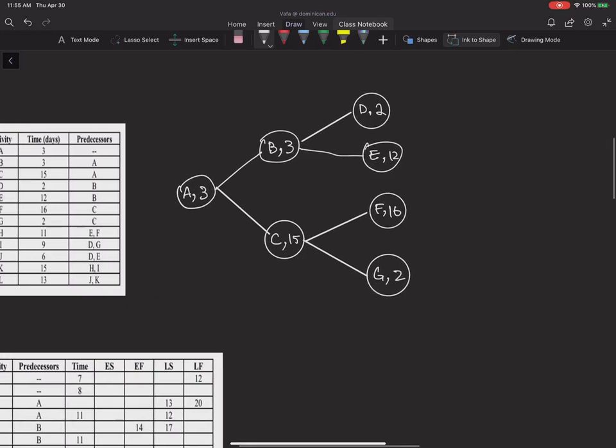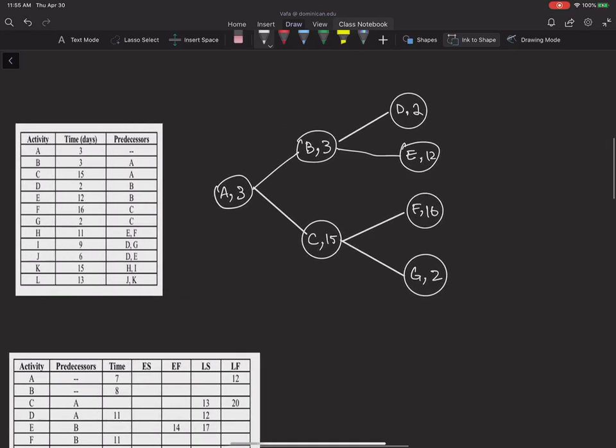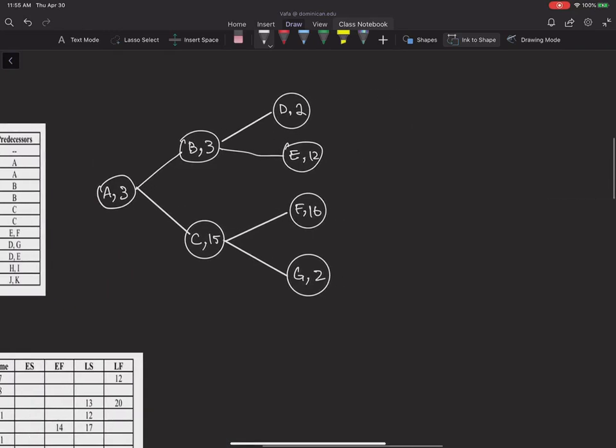Then you can see that after doing activities E and F, I can do activity H. So activity H with duration of 11 starts after activities E and F. So this is how I'm going to show it. This is my activity H, and the duration is 11.